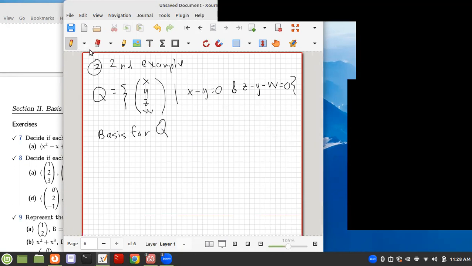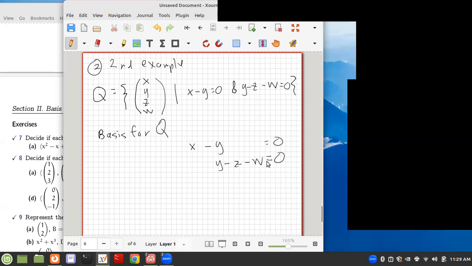In fact, let me write this as Y minus Z minus W. The order we're going to have is X, Y, Z, W, so I'm going to list them. I could keep the thing the same and have minus Y plus Z, but let's just leave it like this. Okay, so my equations are X minus Y equals 0 and Y minus Z minus W equals 0.